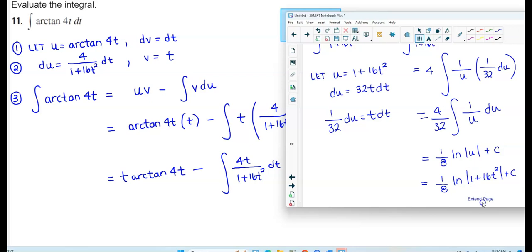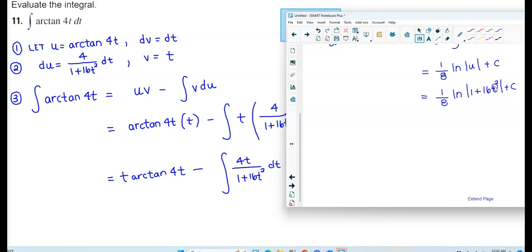And so therefore, since this is squared, we can now write this as the following: 1/8 times the natural log of 1 plus 16t squared plus c. And now we're going to substitute that in for this here.